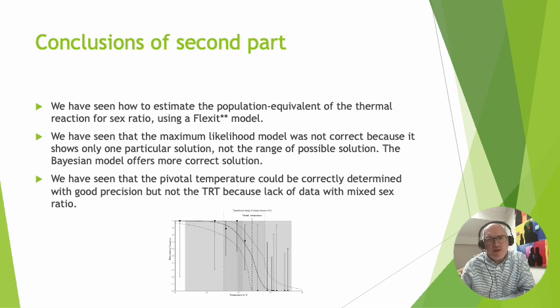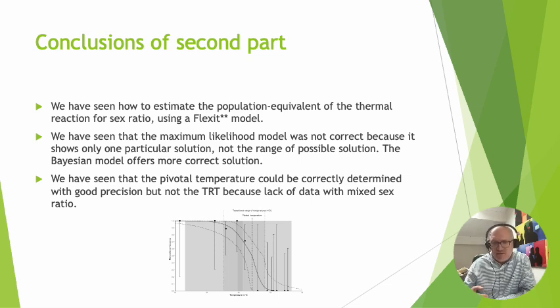In the second video, we played with data from the marine turtle olive ridley, Lepidochelys olivacea, and we showed that with this data, if we use maximum likelihood, the result will be biased. We must use Bayesian statistics.